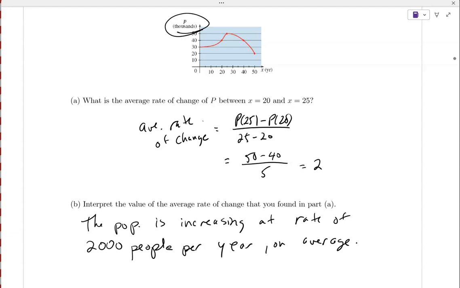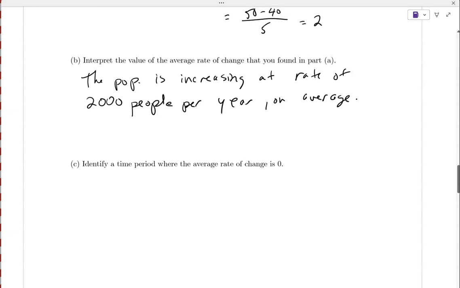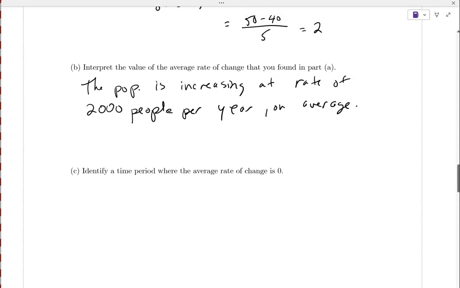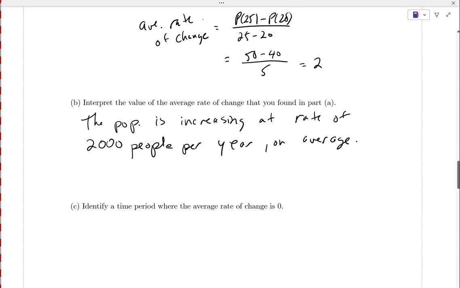Questions on that one at all? That okay? All right. The last part asks us to identify a period where the average rate of change is 0. Well, if I go back up to how my average rate of change is defined, how would you make the average rate of change equal to 0?